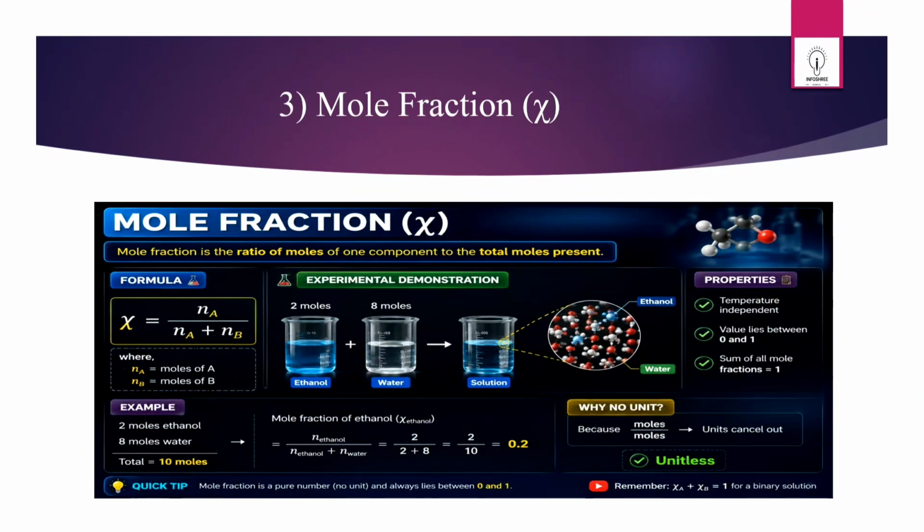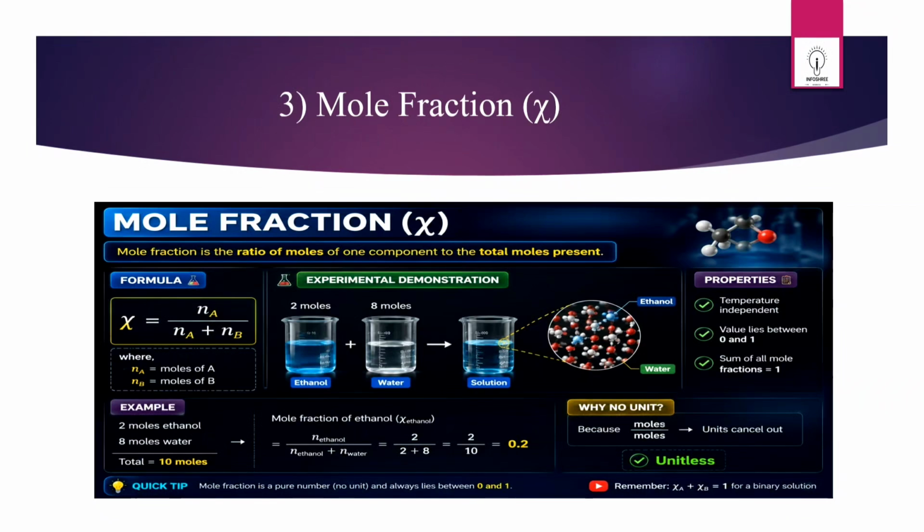You see here, the number of moles of ethanol and the number of moles of solution, both are in moles only, 2 mole and 10 mole. Here moles and moles cancel, so it is unitless. Quick tip: mole fraction is a pure number, no unit, and always lies between 0 and 1.